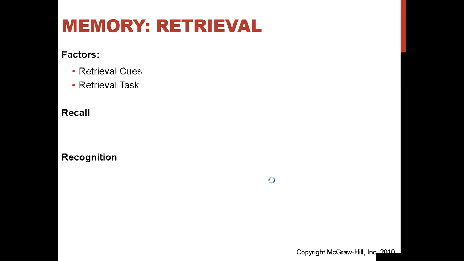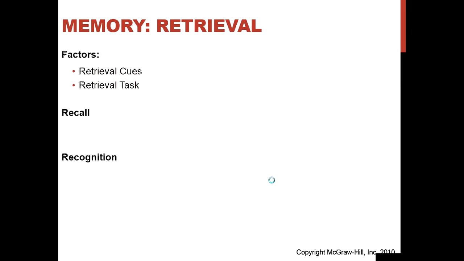Now, what you're doing is of course creating a memory much more rich because you have a lot of detail, but perhaps a lot of the reasons why you have that detail is because you're thinking about the different cues that you remember seeing, and you remember hearing, and you remember feeling, and so it makes the memory much easier to retrieve. Okay, so those are retrieval cues.